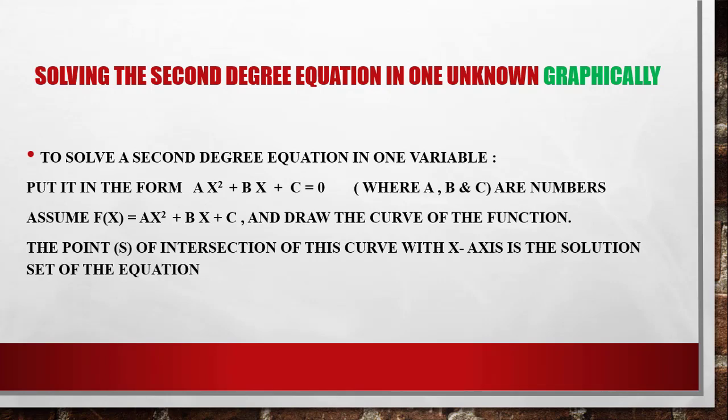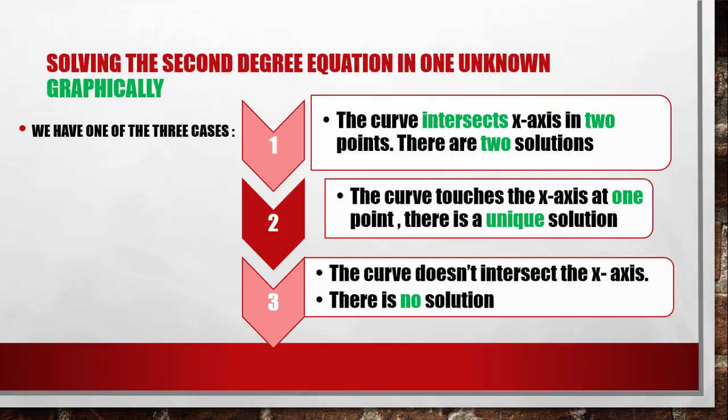If we want to solve this equation using the curve, look at the intersection points with the x-axis. Here x is the only variable. So I look at the curve and determine the intersection points with the x-axis. These intersection points are the solutions of the equation.